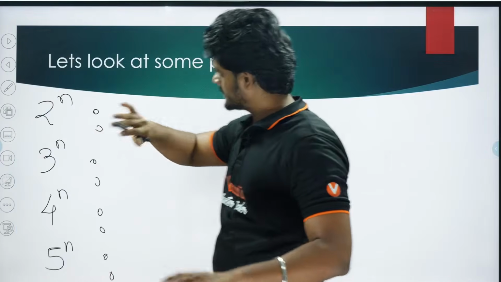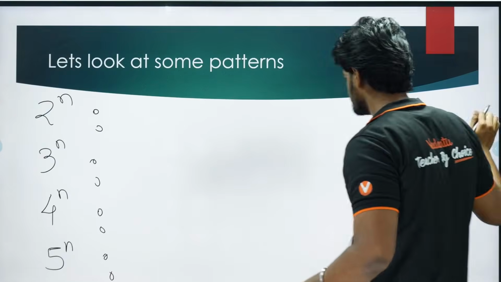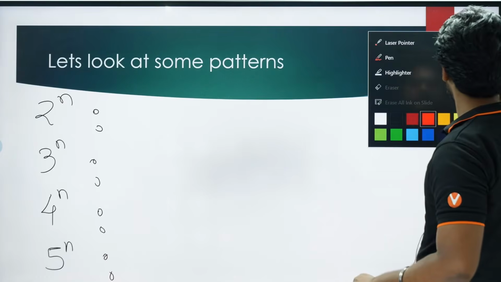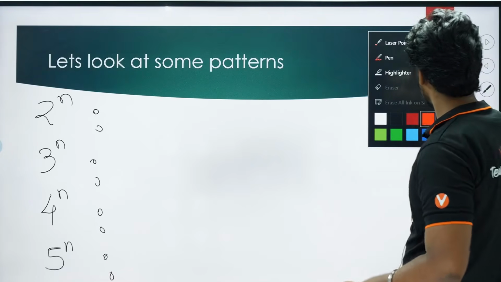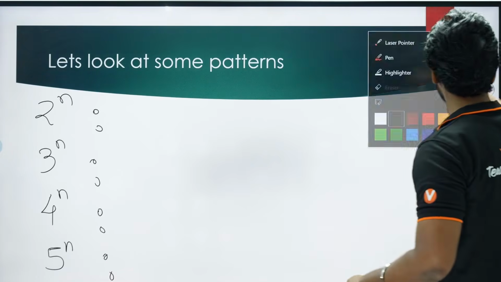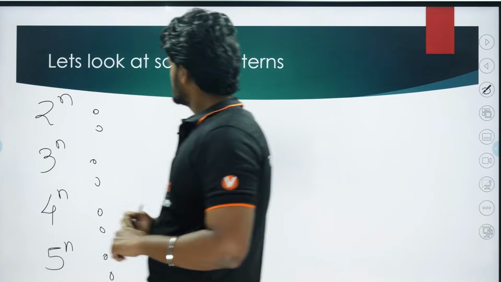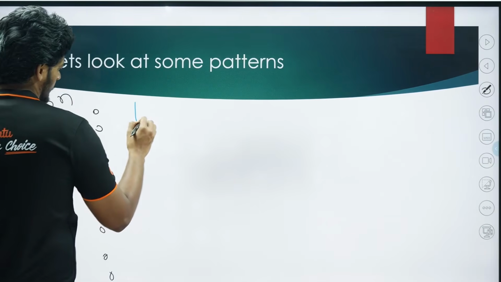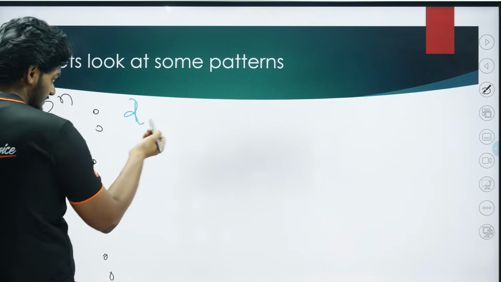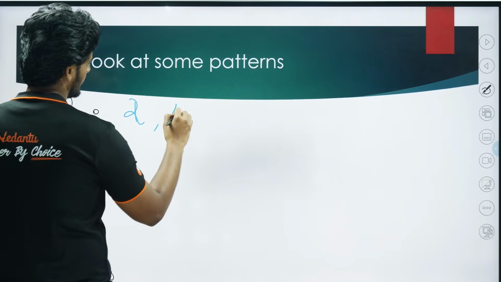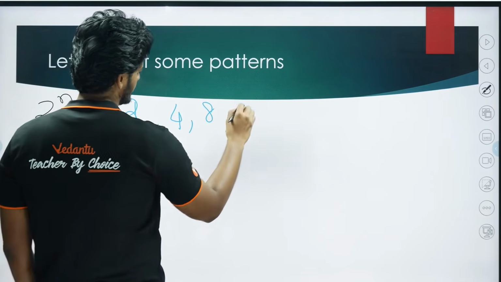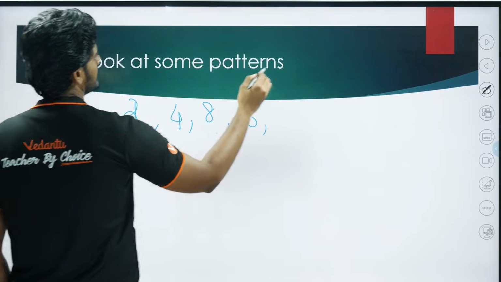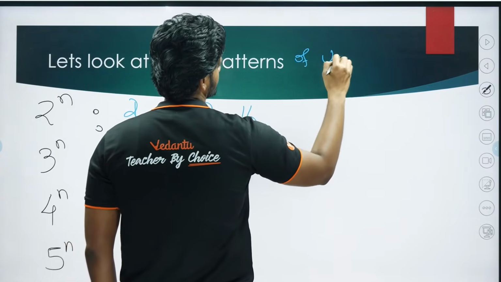So first, we will immediately begin with the pattern observation of numbers like 2 power n, and so on and so forth. So we'll do that for every number. So what is 2 power n? For n equal to 1, it starts with 2. 2 power 1 is 2, then 4, 8, 16. We are mainly interested in patterns of unit digits.